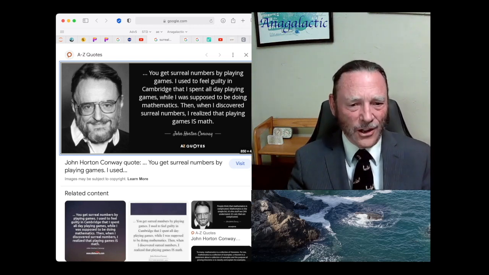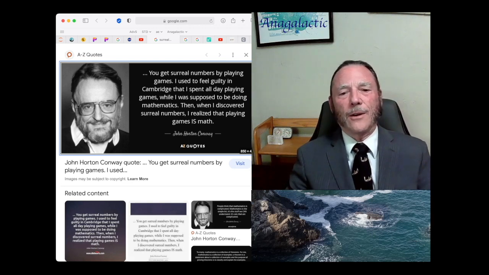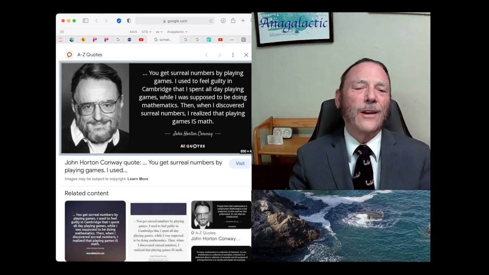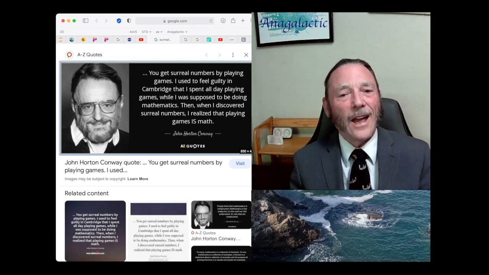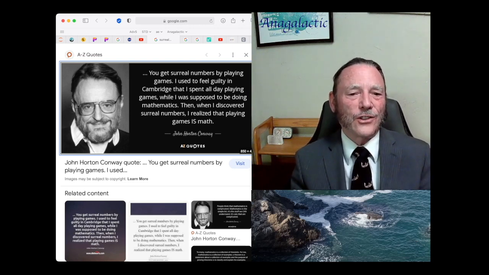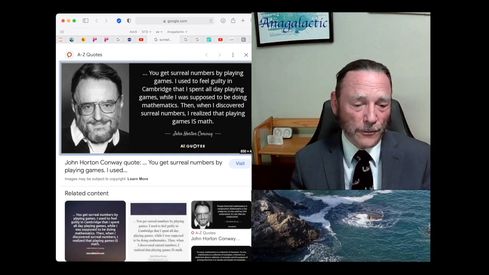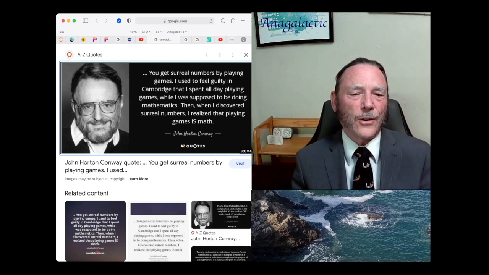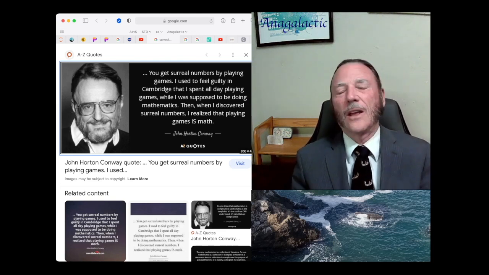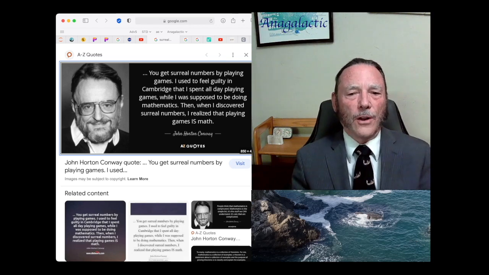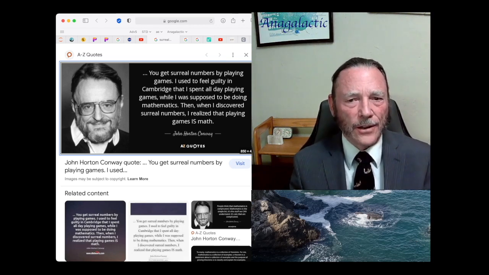They don't want geometry. Now, this does not impugn Conway in any way, but the reason I make that distinction between geometry and numbers is John proved for the first time in mathematical history the relationship between the geometric object called the line and the number system, all the numbers, any numbers, every kind of number.